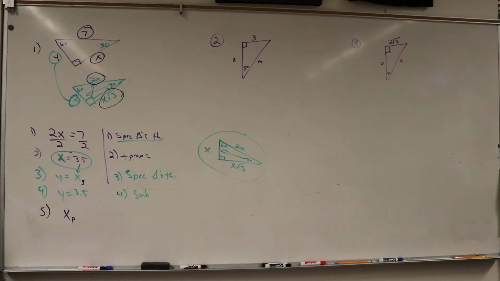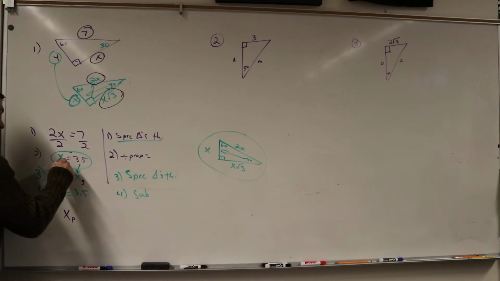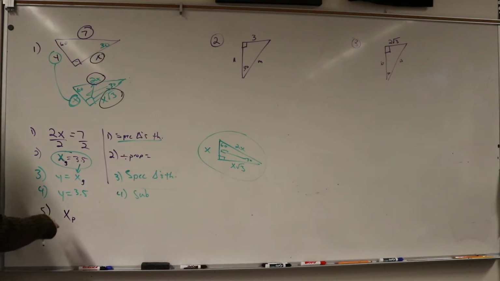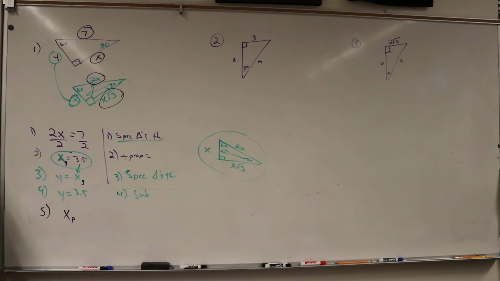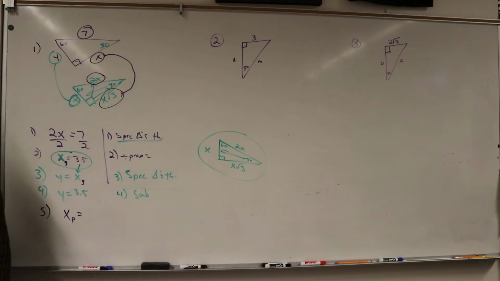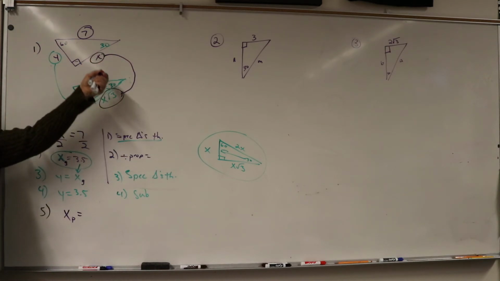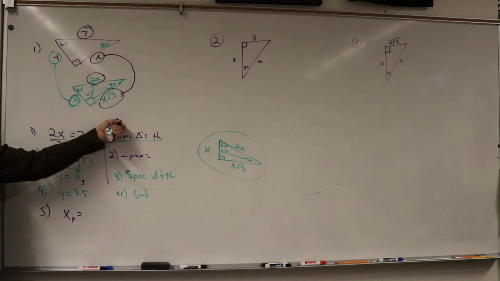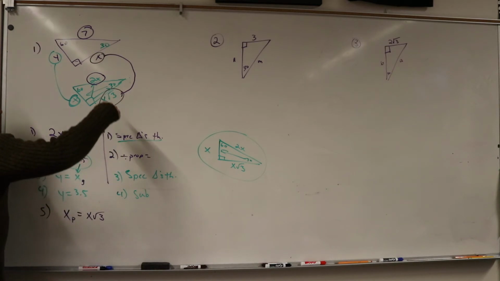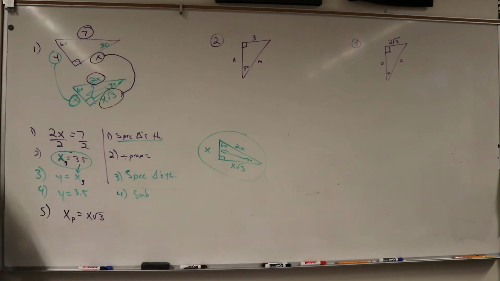So you've got to figure out a way to make it work for you. Okay? So the green X and the purple X are two different X's. Okay? And it's equal to what? What is this equal to? To X square root 3. Because they're the same sides, they are the same. Does that make sense? Okay?